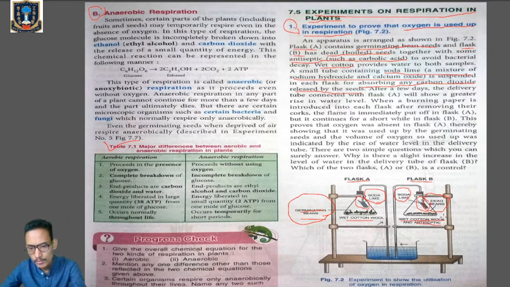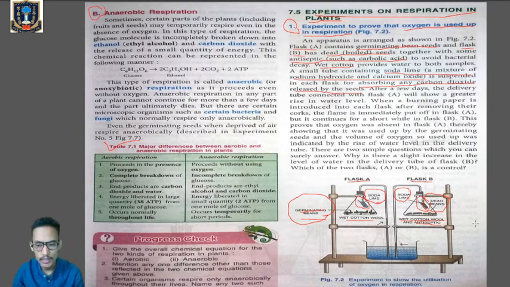After the setup is ready, we will keep it for, let's say, 1 or 2 days in normal conditions, in normal light and normal temperature. After a few days, what will we observe? We have set up the apparatus, the control setup and the experimental setup.